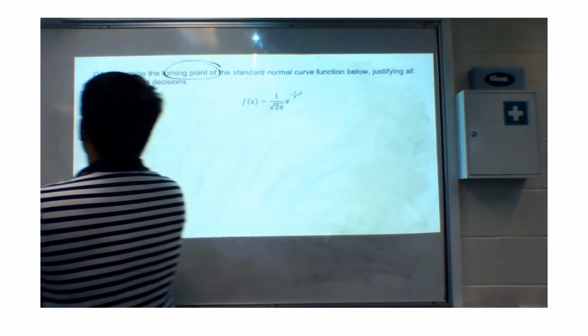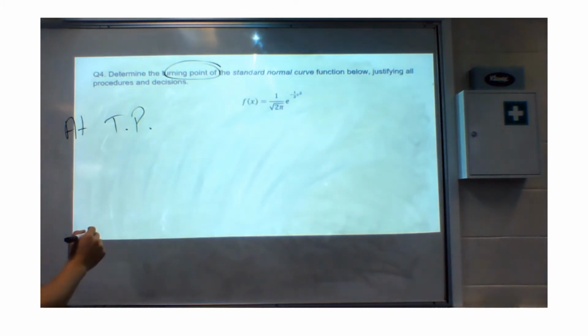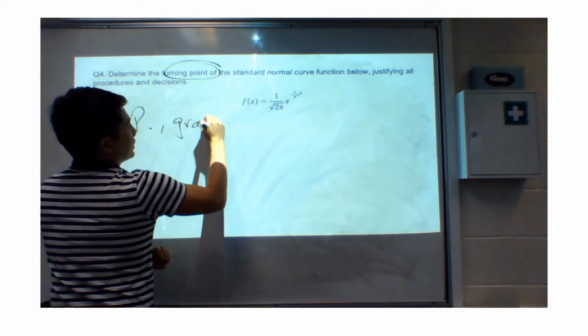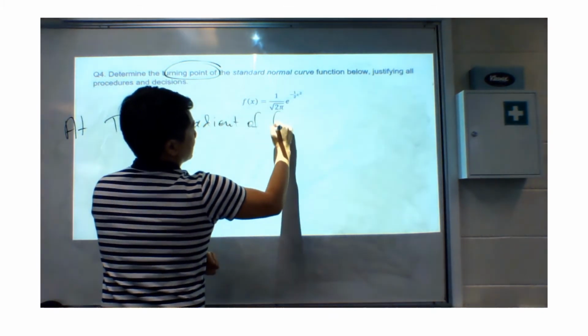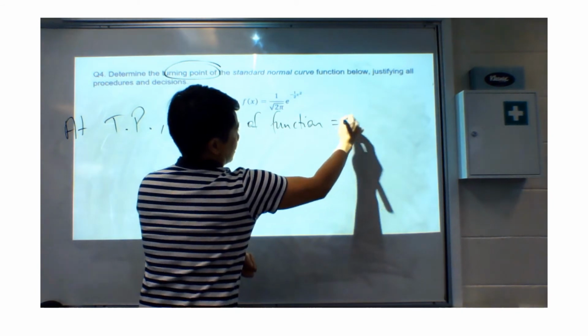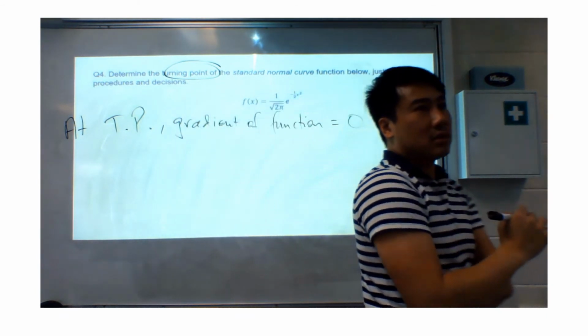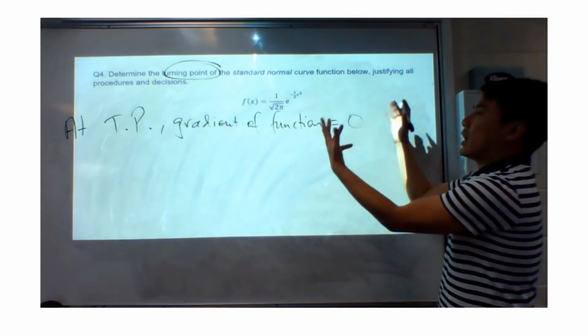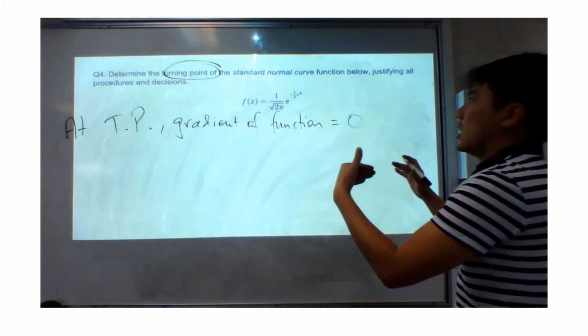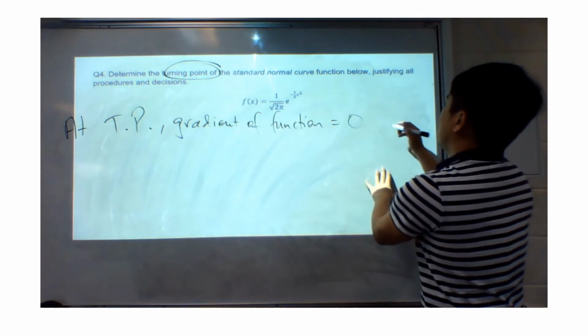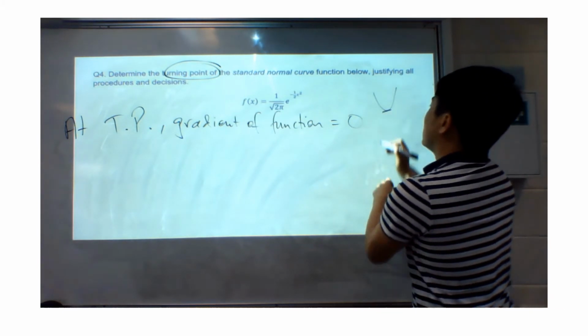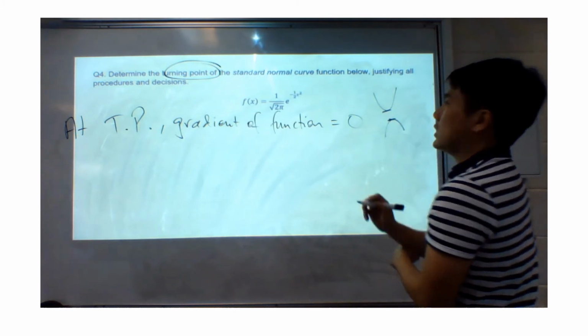So, at a turning point, we know the gradient of the function should be 0. Right? Regardless of what my graph looks like, if it's turning, it could be like this, that would be the turning point. So if it's like this, that would be the turning point.